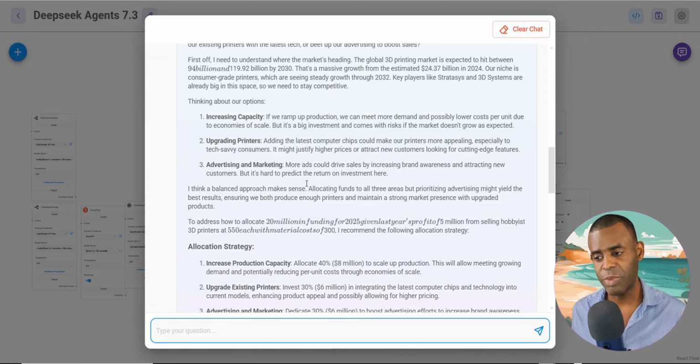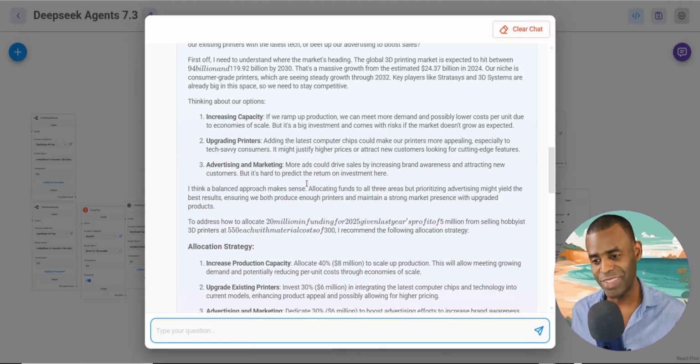It might justify higher prices or attract new customers looking for cutting-edge features. All right, the third option is marketing and advertising. More ads could drive sales by increasing brand awareness and attract new customers, but it's hard to predict the return on investment here, right? This is all R1's thinking and reasoning.